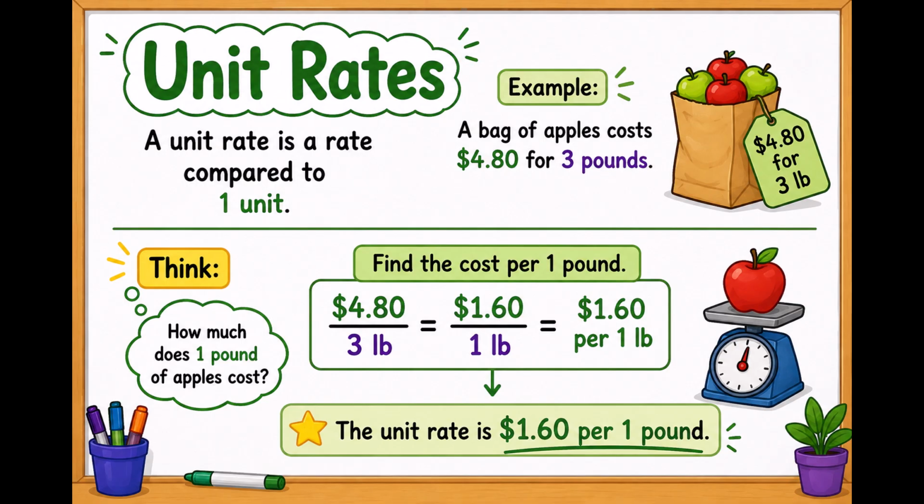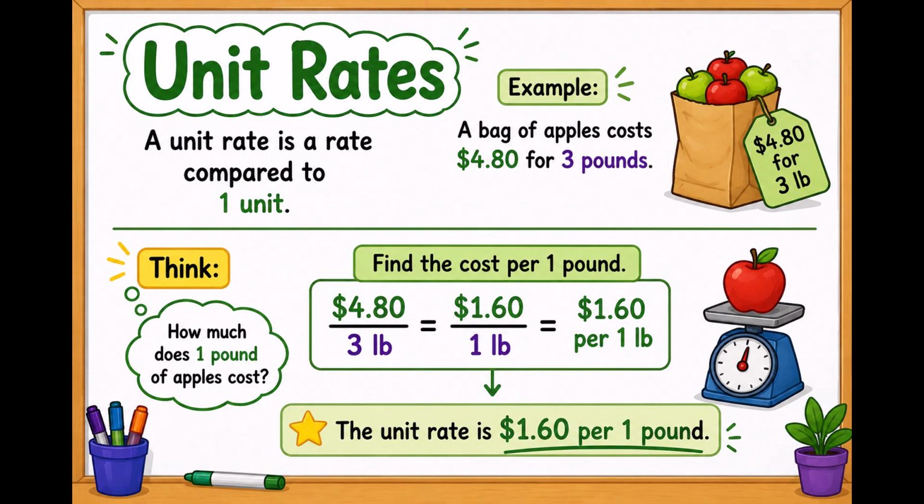So find the unit rate. To find the unit rate, divide the total cost by the total number of pounds. $4.80 divided into 3 equals $1.60. So now we know the cost of 1 pound of apples would be $1.60.